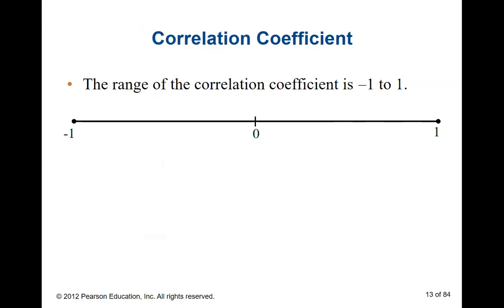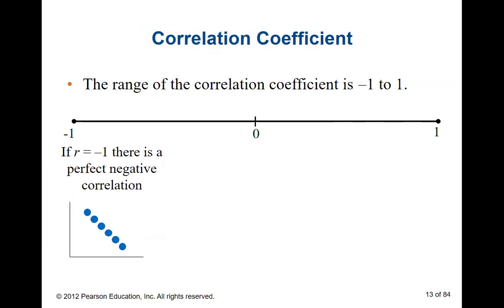Now, if it's -1, that tells you this thing is a perfect negative correlation. It's dead on. One line passes through all those points, okay? I bet you can tell me what you think +1 would be. Oh, come on. If -1 is a perfect linear negative correlation, what would +1 be? Perfect positive linear correlation.